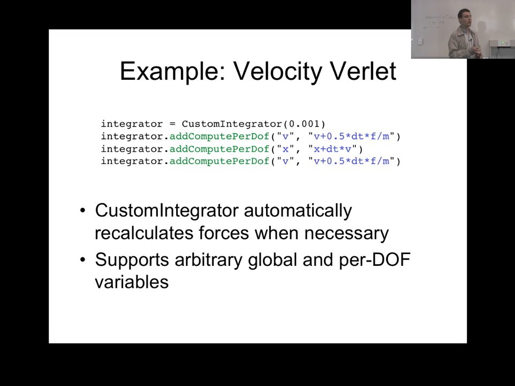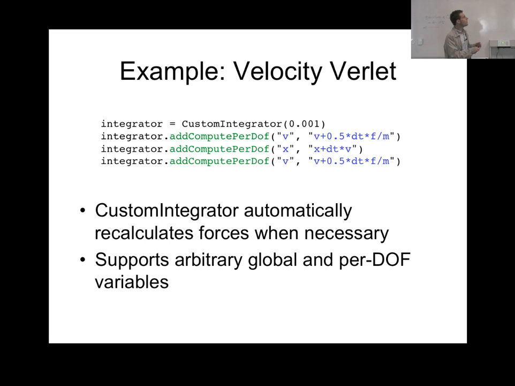So suppose that you wanted to compute the force here, and then you change the positions, and then you want something that depends both on, say, the current forces and also what the forces were. No problem. You'll just stick another step in here that will compute the value of your per degree of freedom variable and set it equal to f. So now you've copied f out into another variable, and then this step could depend both on f and your saved f.